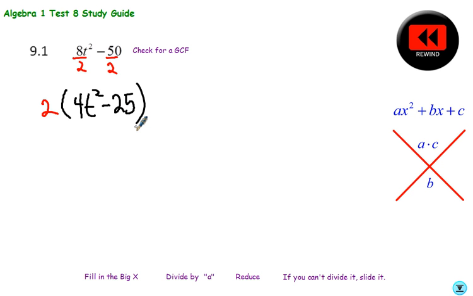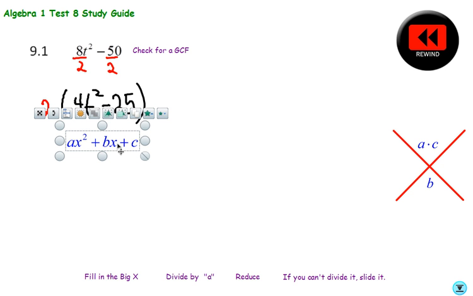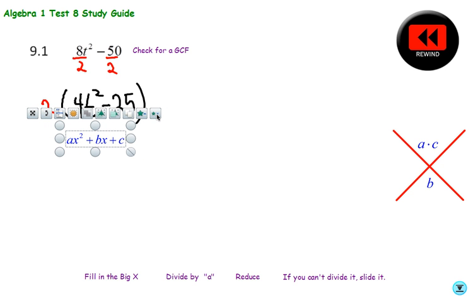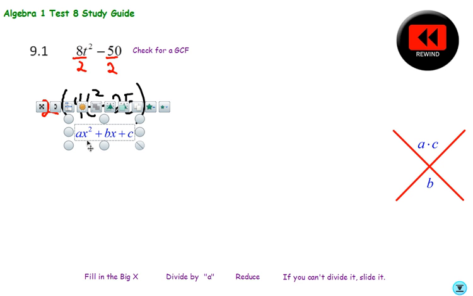And now, this one looks different, right? So this one and 9 and 10 are the same type of problem. It's a difference of squares. As you see, there's only 2 terms. And so we've been talking this whole time about a, b, and c. Well, what's happened here is that if you notice, there's something missing. The a is always the first number that's in front of the squared term.